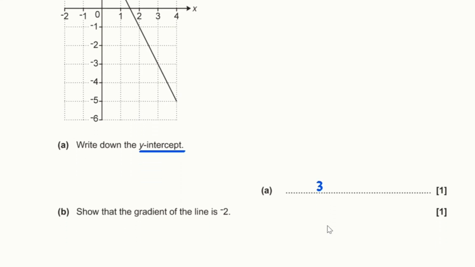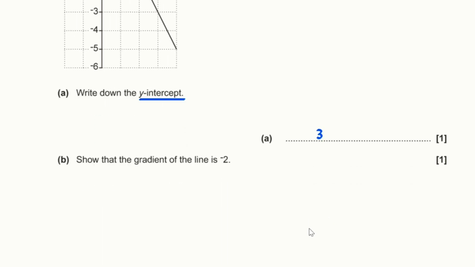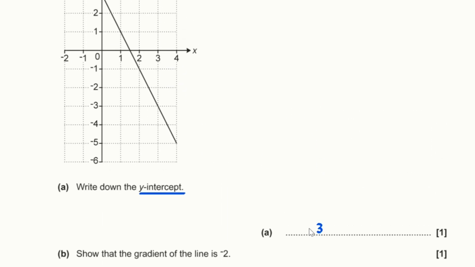And now we have to show that the gradient of the line is -2. So for the gradient, we need to work out the change in y over the change in x. The best way to do this is to pick whole integer points, for example, the point here and the point here.